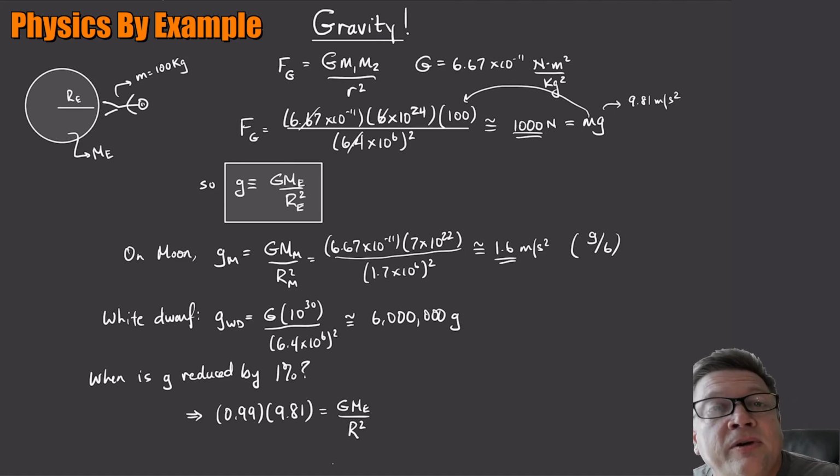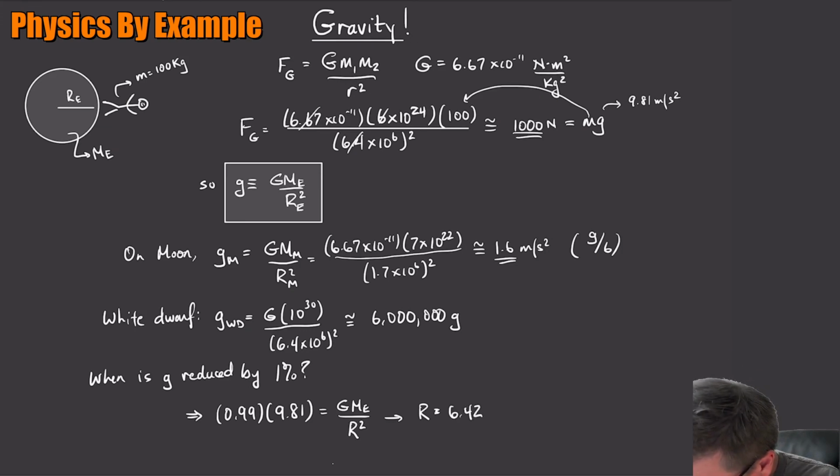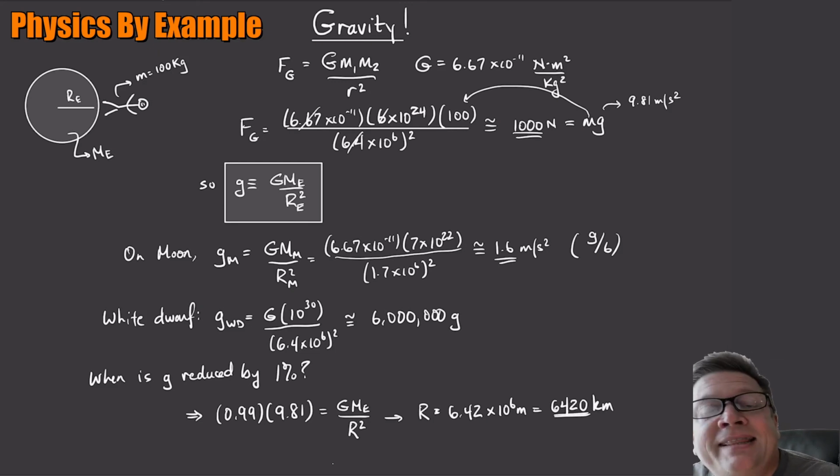So what you can do is solve for that r, and when you plug those numbers in, the r turns out to be something like 6.42 times 10 to the 6 meters, or like 6420 kilometers. At that distance away from the center of the Earth, then, g has been reduced by 1%.